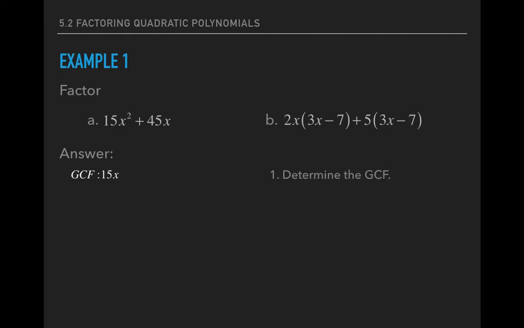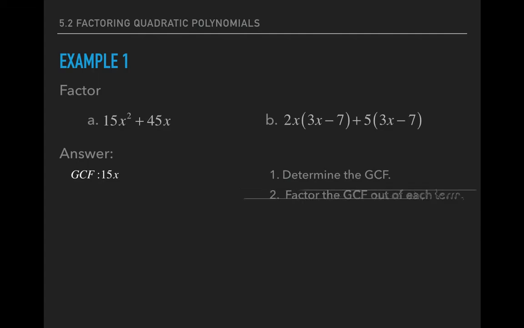So let's look at both of these. Okay, 15 and 45. The largest number that both those have in common is 15. And the most of the variables that they have is x. Now, the most that you could pull out of both is just 1. So the GCF is 15x.